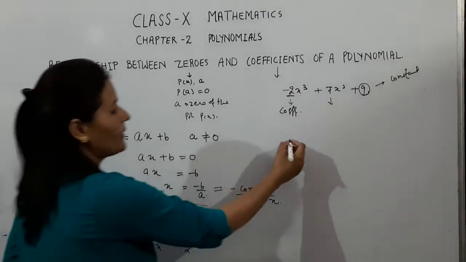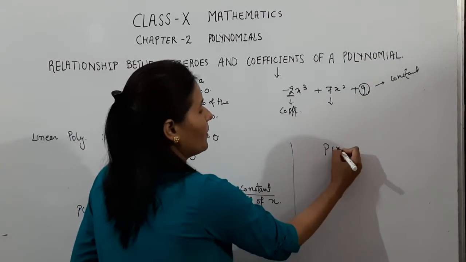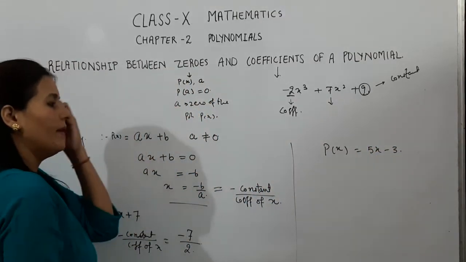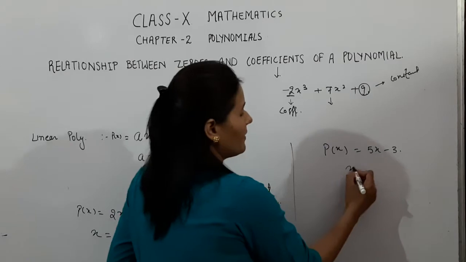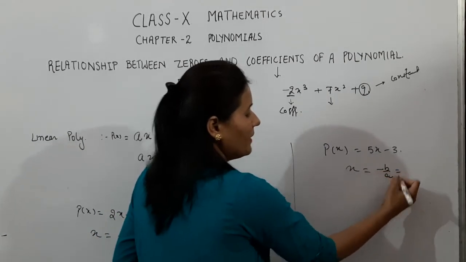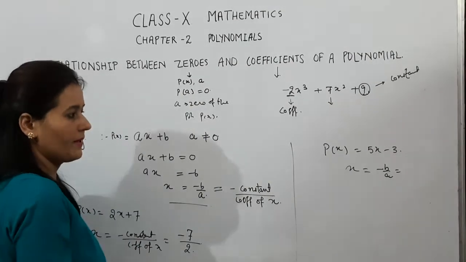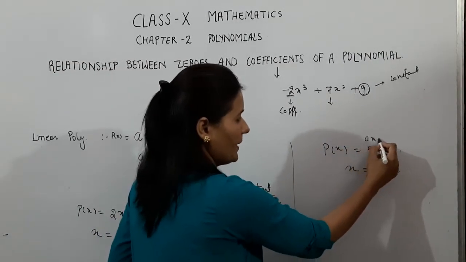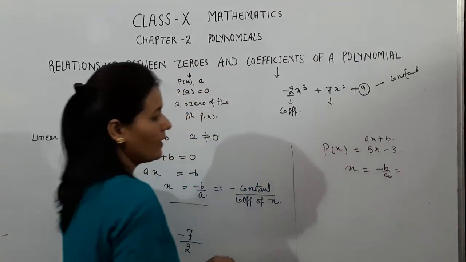Let me take one more example. p(x) is equal to 5x minus 3. To find the value of x, you use the relationship minus b upon a, minus constant upon coefficient of x. Compare this with ax plus b, the general form. What is the value of a?